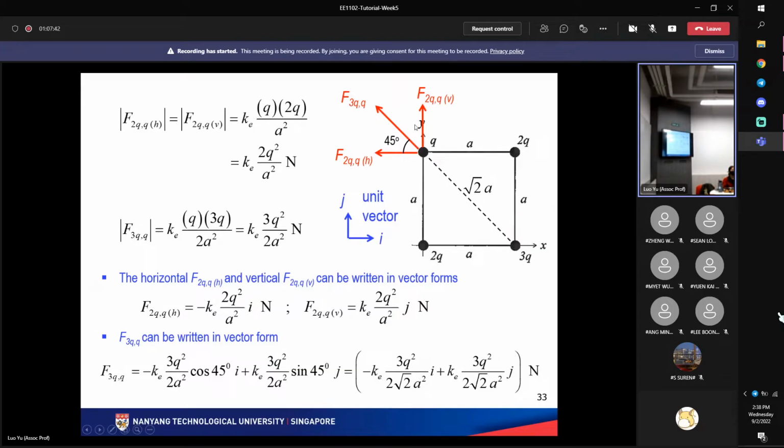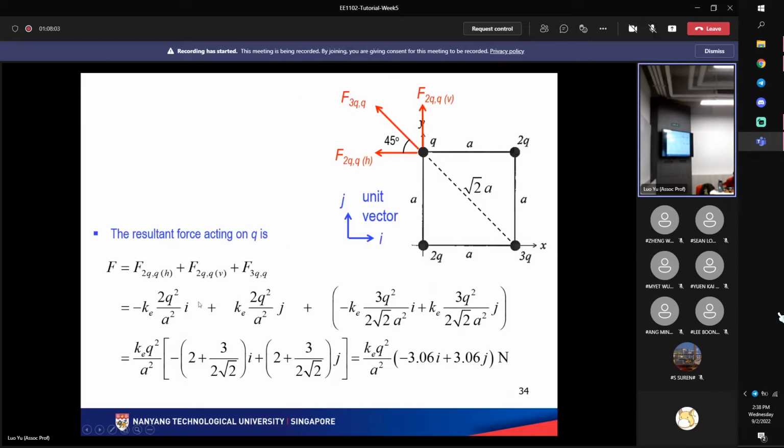The y component is clearly positive, so we use the magnitude times sine 45 degrees, times the unit vector of the positive y direction, which is j. So I can write F3Q in vector form. Then I sum up the x and y components separately: x plus x, I get this; y plus y, I get this. Then with a little bit of calculation, I can write F in its vector form in this way. Any question?